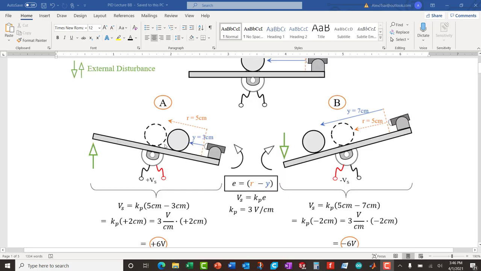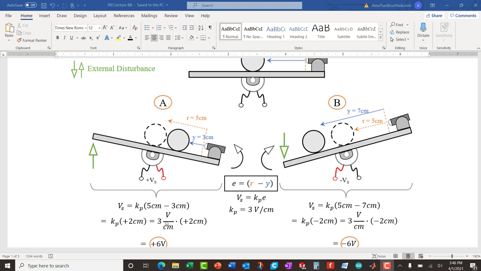In scenario A, if we place the motor leads in such a way that that polarity plus a supply voltage causes a counterclockwise direction, this is the response in terms of the magnitude of the signal. We defined the supplied voltage to the motor as this P gain times the error. The error in this case A is 5 centimeters minus 3, and that is positive 2 centimeters.